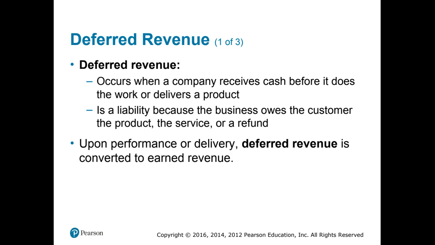Therefore, we might owe it back to them, so it's considered a liability. And then once we perform or deliver the service or the work, then the deferred revenue is converted to earned revenue. So now we've performed the work, we've earned this $100, so now it's converted over to earned revenue.